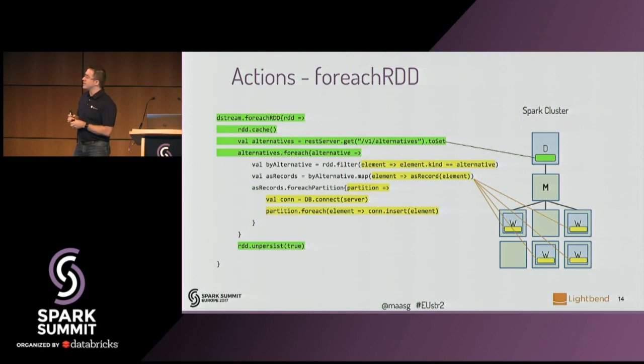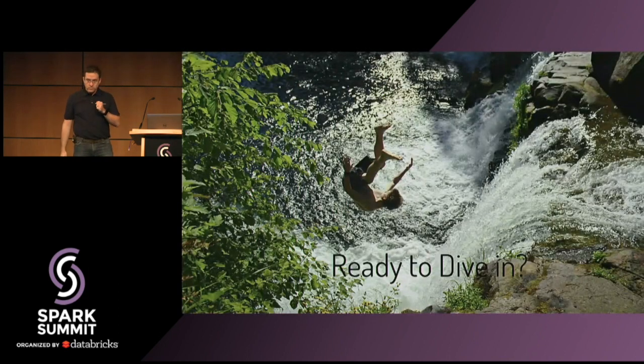For example, serialization issues that we all know from the past only appear when you are in the yellow area, the warning zone, while in the green area you can play with mutability, play with different APIs, call external services, no problem, everything goes. Like I'm trying to do there, getting some alternatives from a REST server.